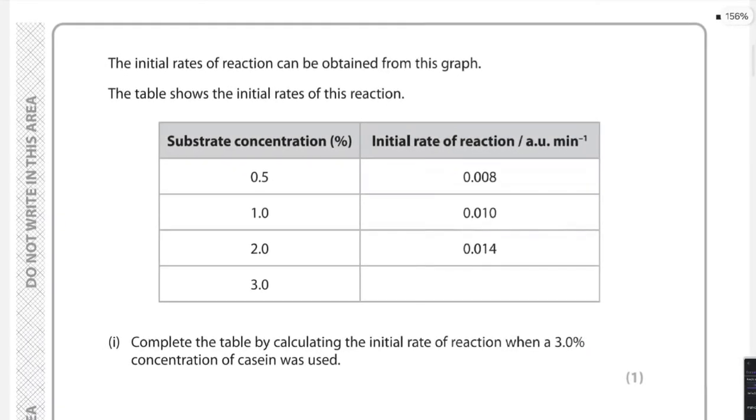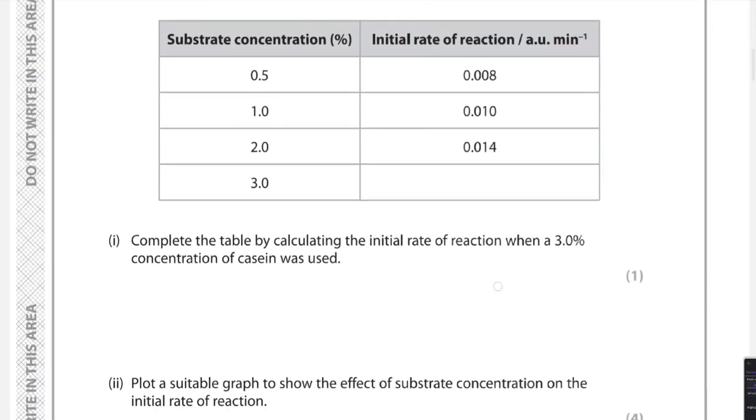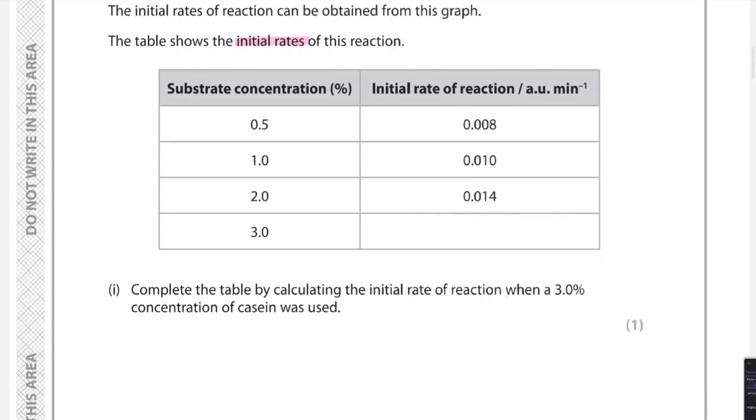This table shows us the initial rates of reaction, which can be obtained from this graph. Complete the table by calculating the initial rate of reaction when a 3% concentration of casein was used. So here we're going to find the initial rate of reactions for all the concentrations except for the 3% concentration.